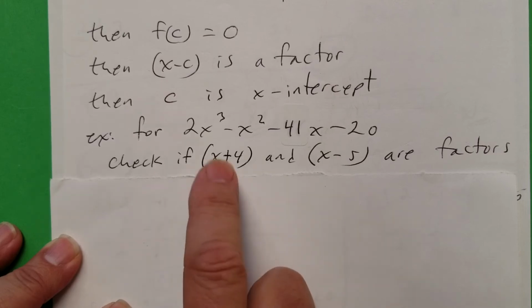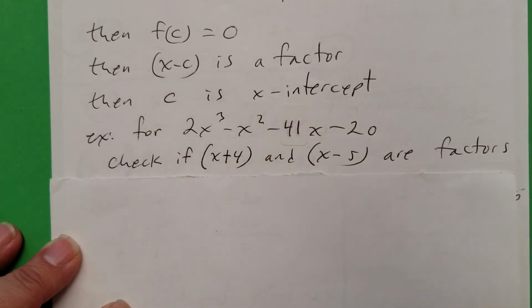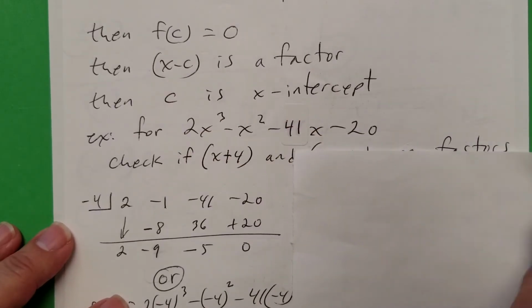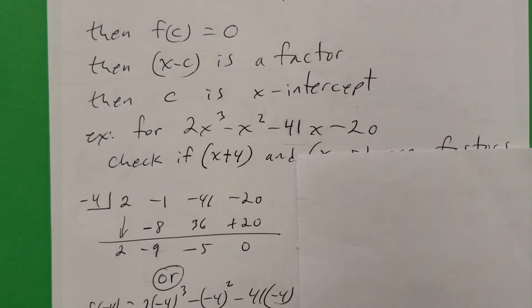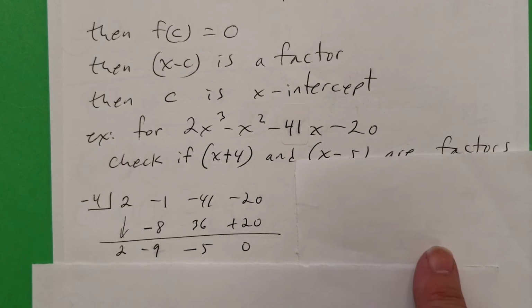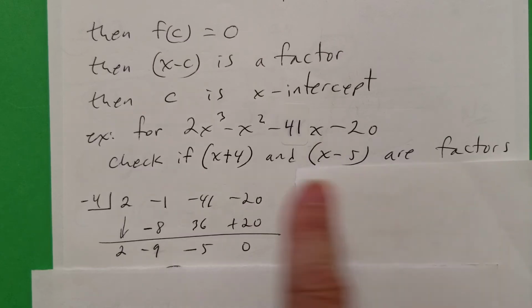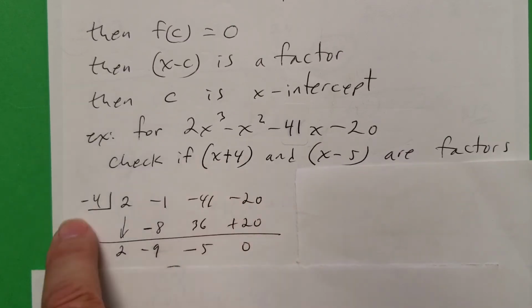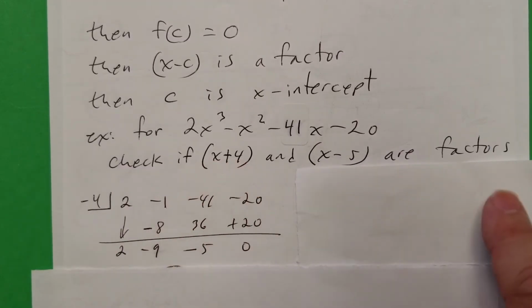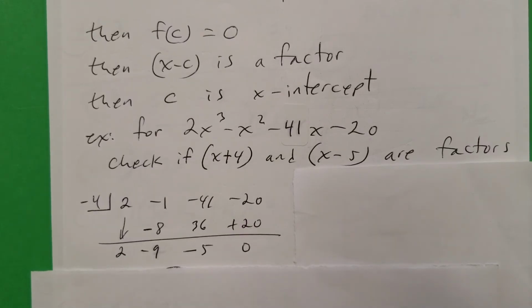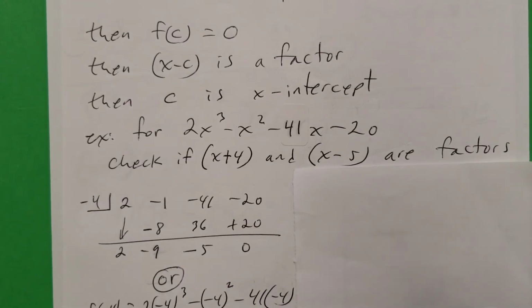Well, if we plug this in, we should get 0 as a remainder. What I did was do synthetic division, and voila, the remainder came out to 0. So that means that x plus 4 is a factor. By the way, notice opposite sign. But there was another way of doing it.